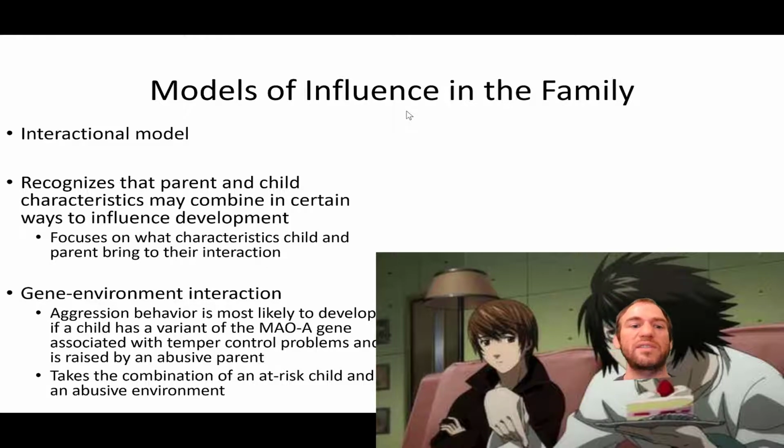So this idea of gene-environment interaction: the environment affecting the genetic expression of the child through this interactional model.